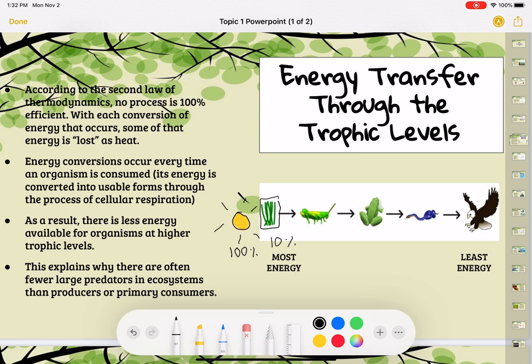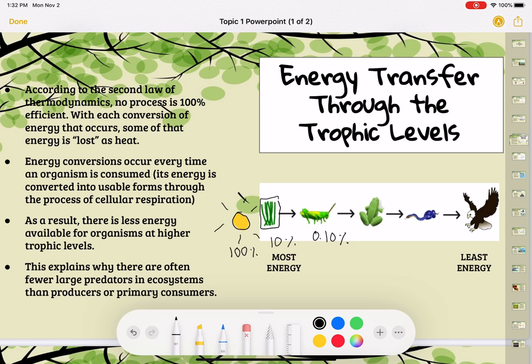And then because the plants use some of that energy, the grasshopper only gets 10% of that 10%. So then they are left with 0.10%, and then so on and so forth.